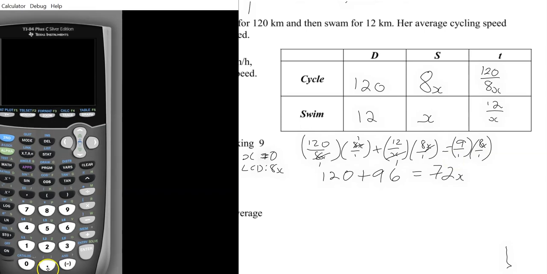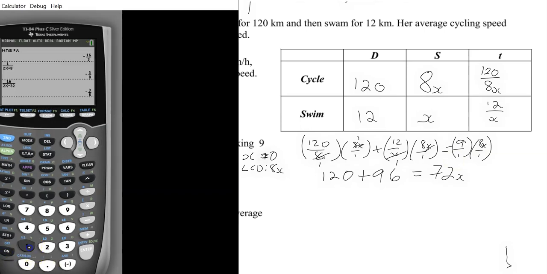All right, let's get a calculator out. So 120 plus 96, so 216 is 72x. x will be 216 divided by 72, which is 3.